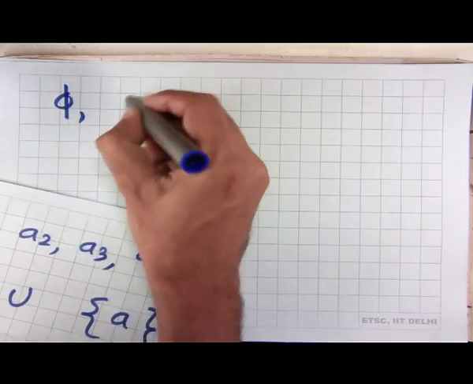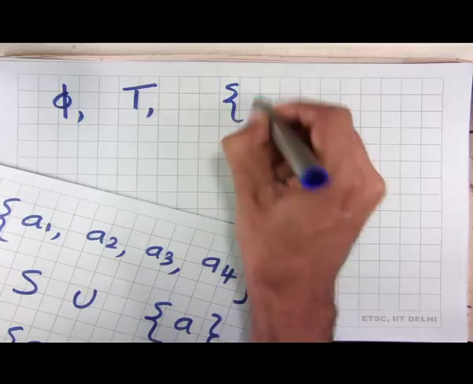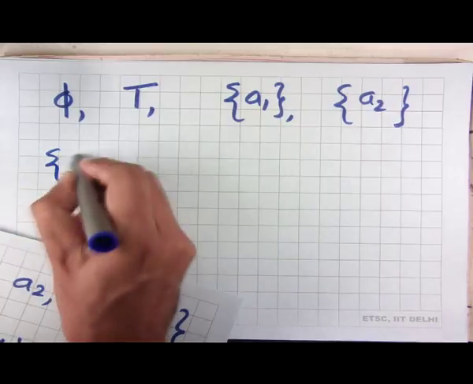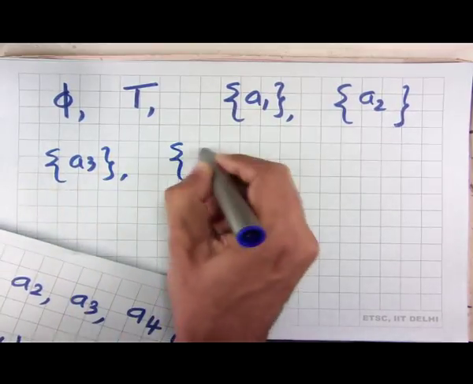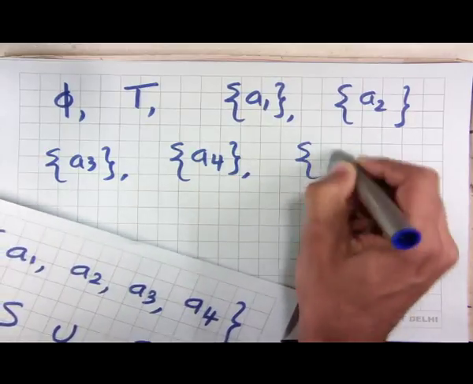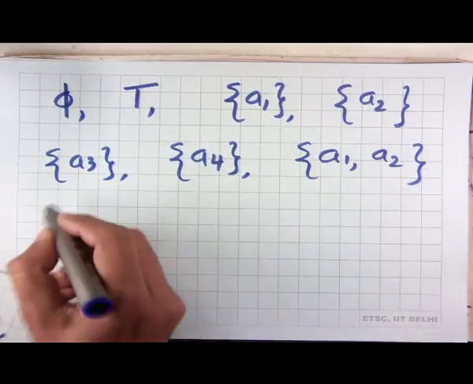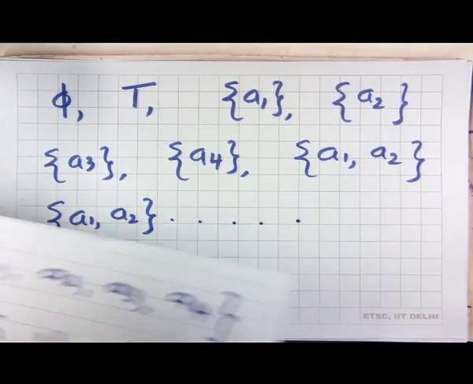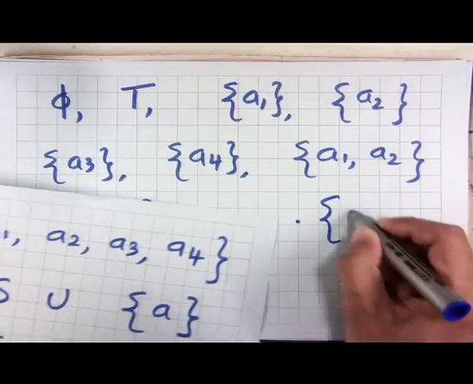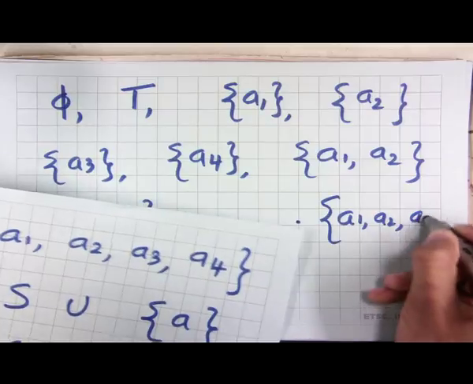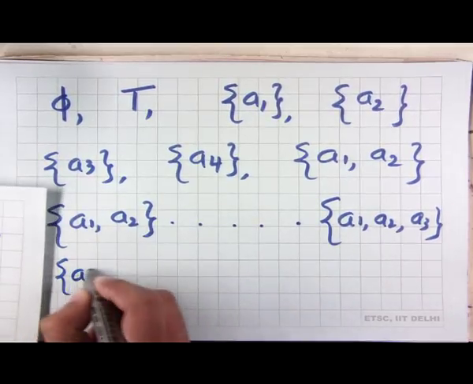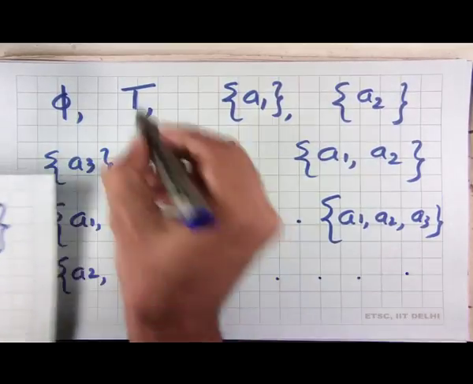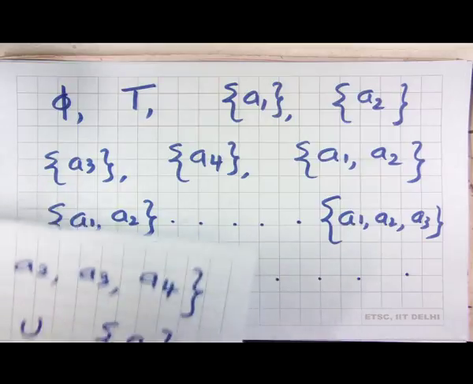Null set, T itself, set A1, set A2, set A3, set A4, set A1, A2, set A1, A3, like that 2 element sets. Let me not write it all explicitly. Then 3 element sets A1, A2, A3, A2, A3, A4 and so on. Like this, you can explicitly write all subsets of T.